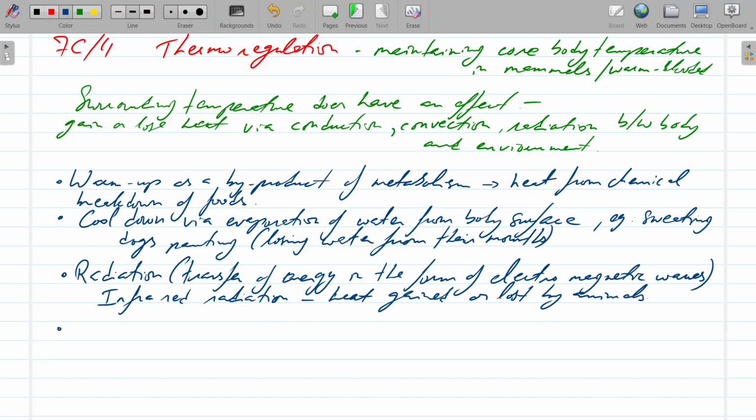Then you've got a transfer of energy between your body and the environment via convection. And convection is the transfer of energy by currents of air or water.